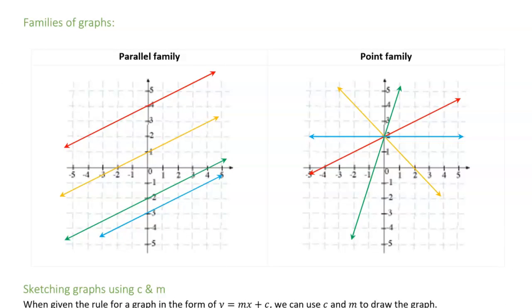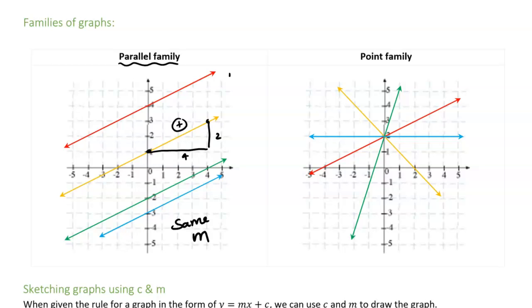Okay, we've got some families of graphs here. I noticed that all of these graphs on the left-hand side are parallel, and I've called them a parallel family. They all have the same gradient. So same m. And what would that m be? Let's pick a line. Here to here. It has a rise of 2, run of 4, and it's positive.